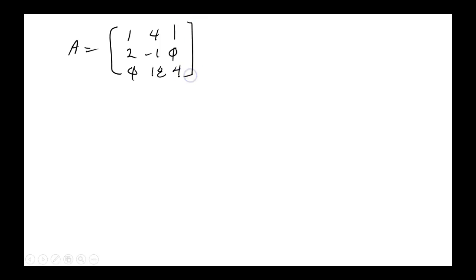Okay, here's our new matrix A, which is 1, 4, 1, 2, -1, 0, and 0, 18, 4. Okay, look all over that thing, and there's nothing there to suggest any row or column is a multiple of any other row or column.